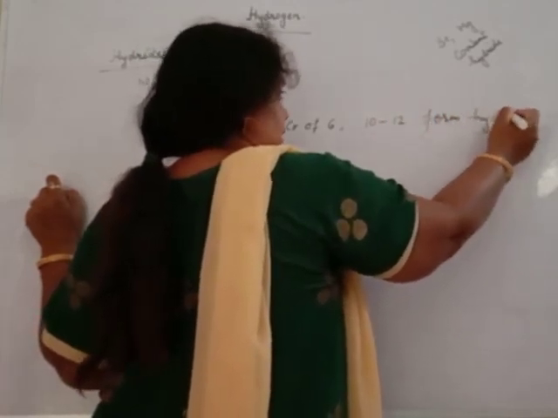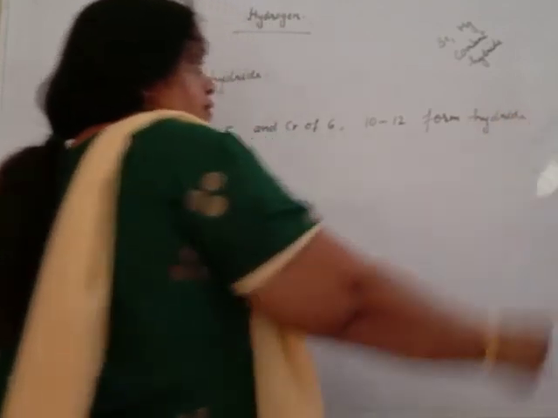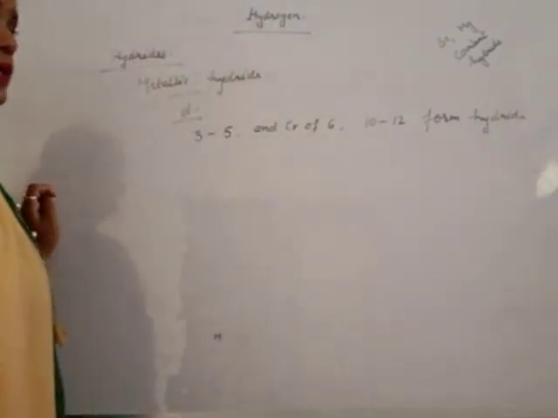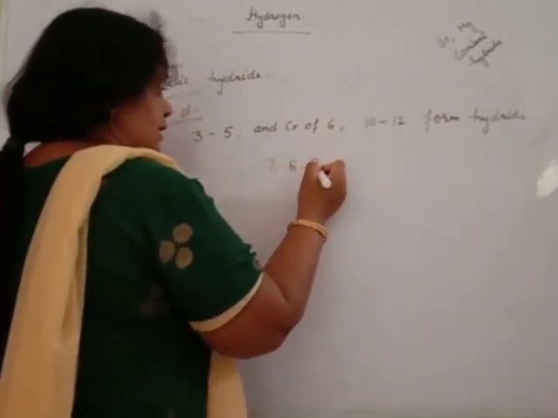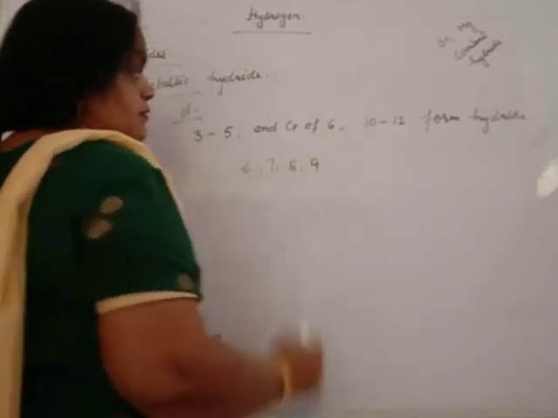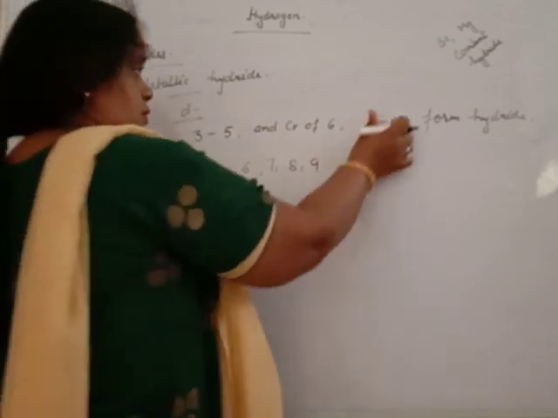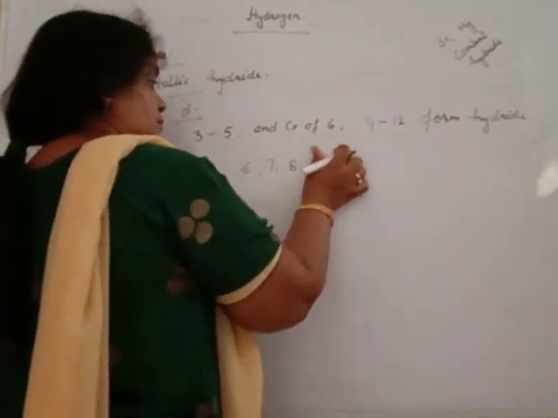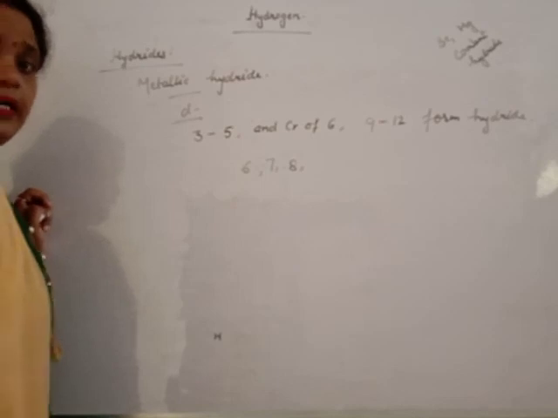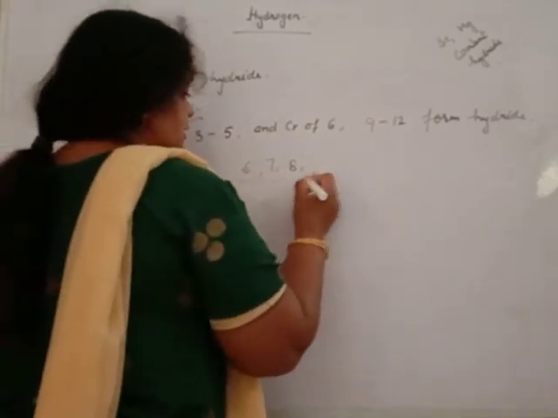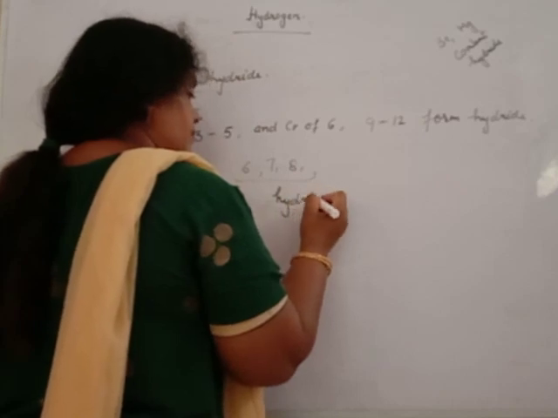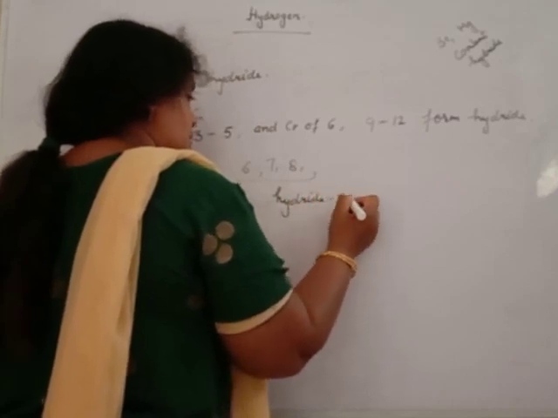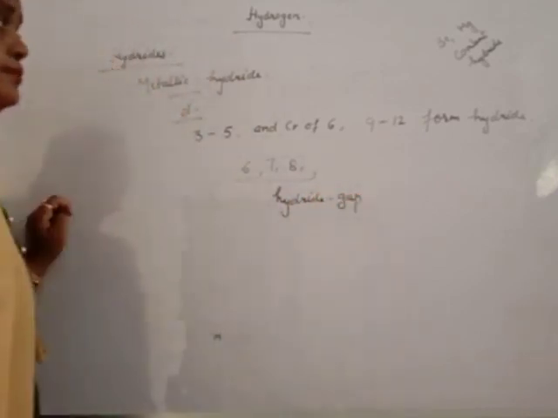These are metallic in nature. But groups 7, 8, 9 and 6, sorry, 7 to 9, do not form any hydrides. These are considered as the hydride gap because they do not form any hydride.